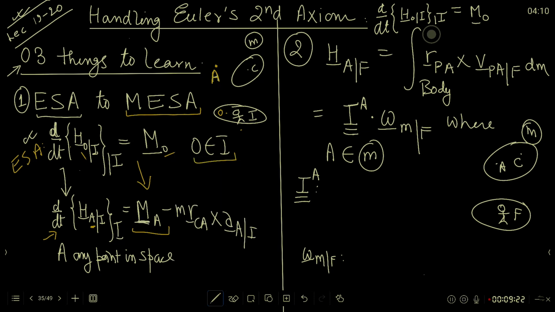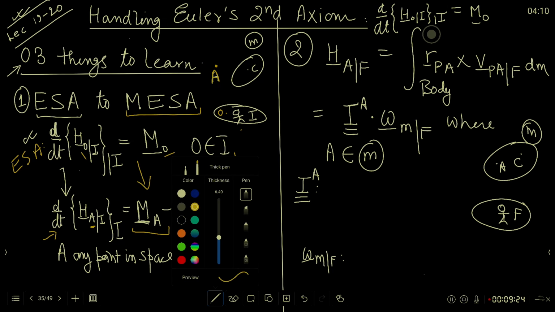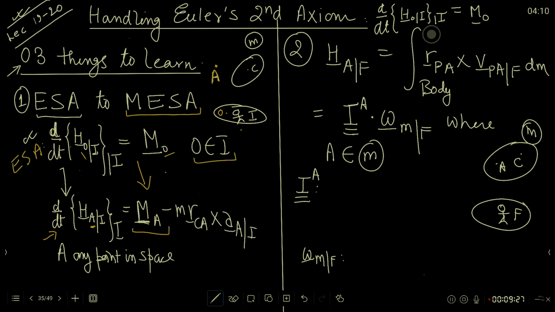And then we realize that as we relieve ourselves of the restriction imposed on O and move to point A, you will also have to bring in an extra term, which is mass times RCA. You see this diagram? C is the center of mass of RB. RCA cross AAI, acceleration of this point A with respect to the inertial frame.